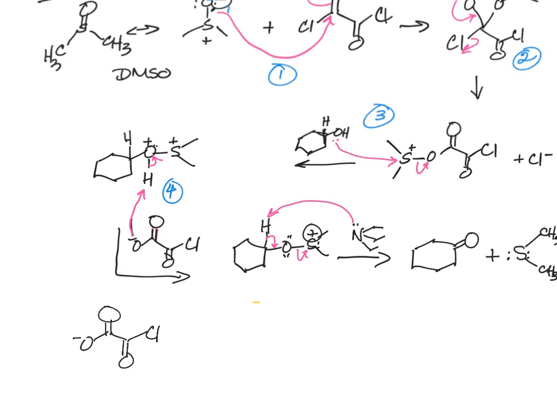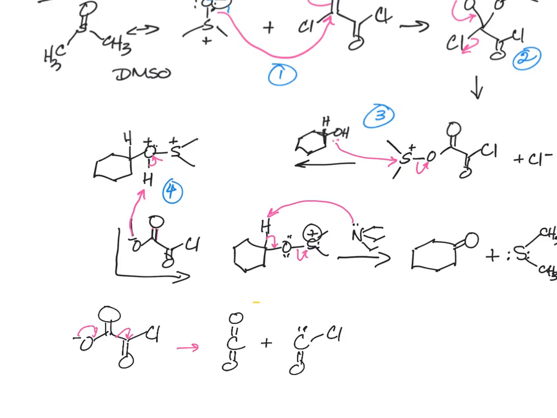We're going to lose electrons to this, and then those will go on to this carbon. That process right there should give us carbon dioxide. And then we'll have C double bond O with a lone pair and a chlorine.